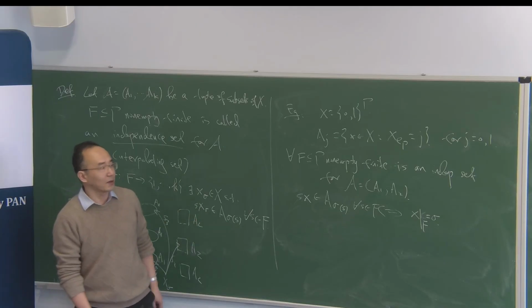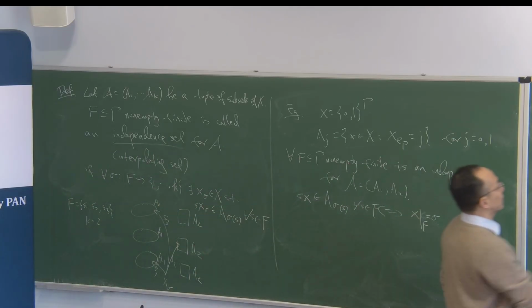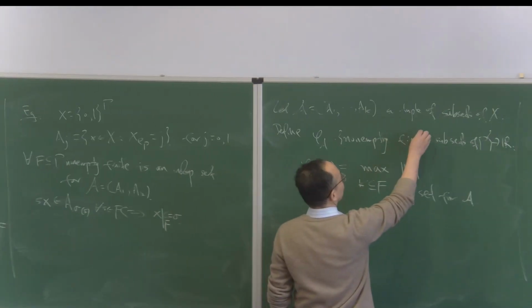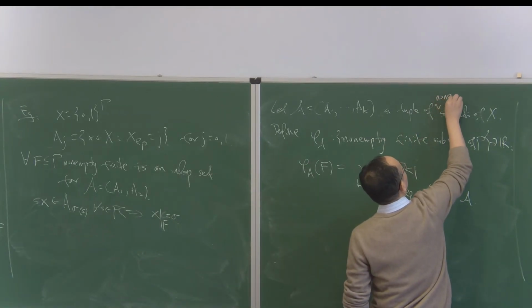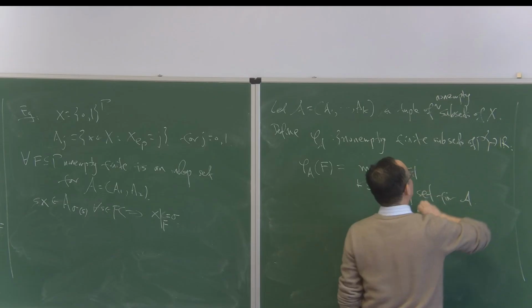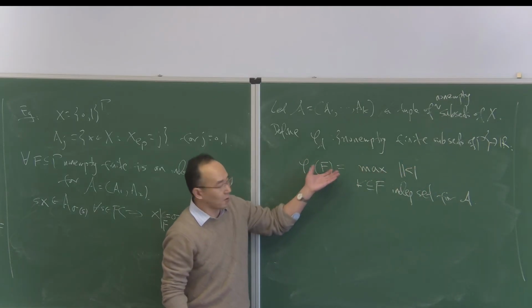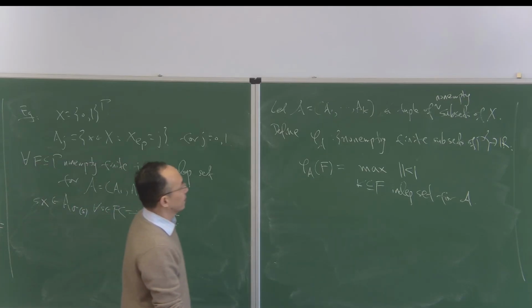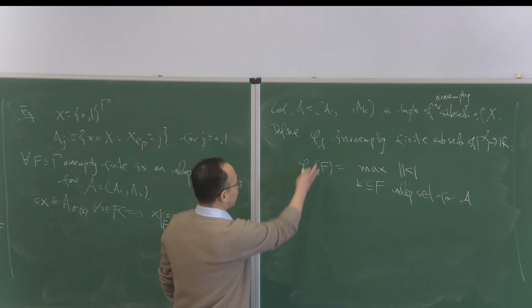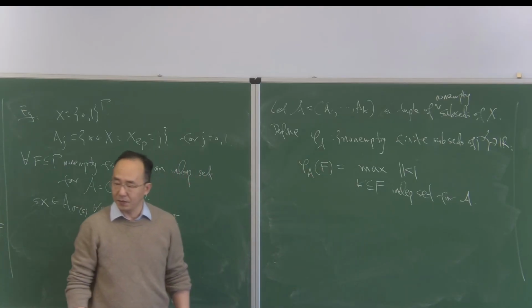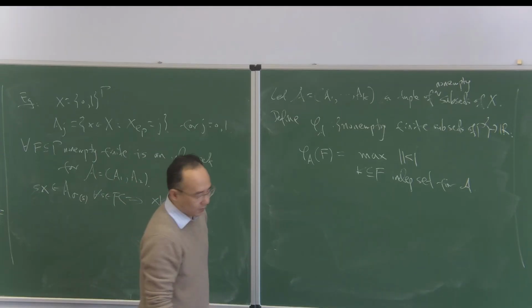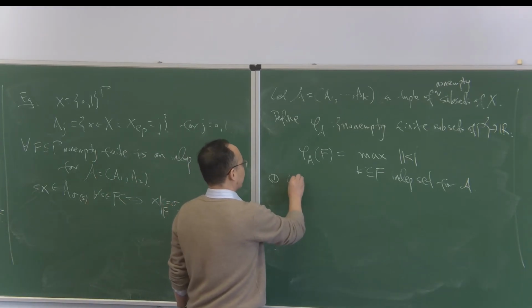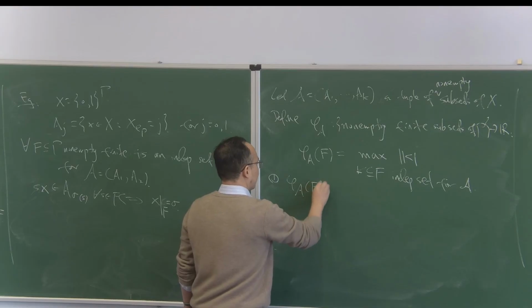So let me put it here that each of them is non-empty. If one of them is empty, then this will always be zero, and there is nothing interesting. Then this function satisfies a bunch of nice properties. The first thing is that it is right invariant.